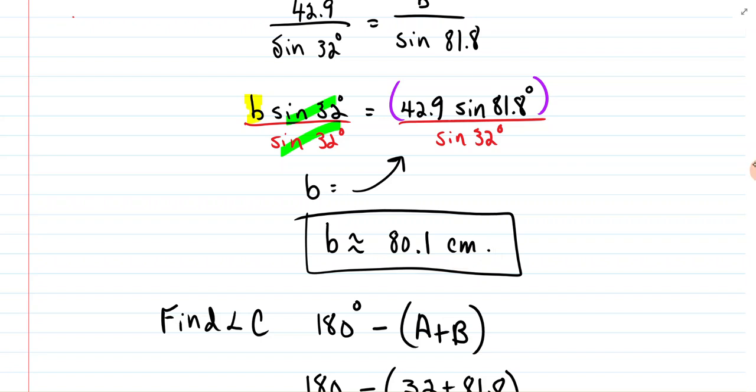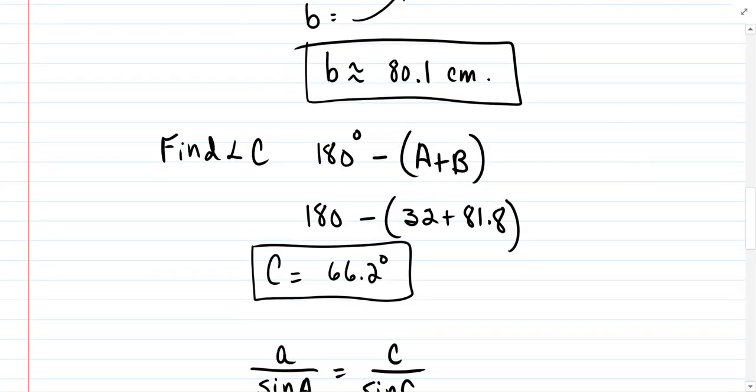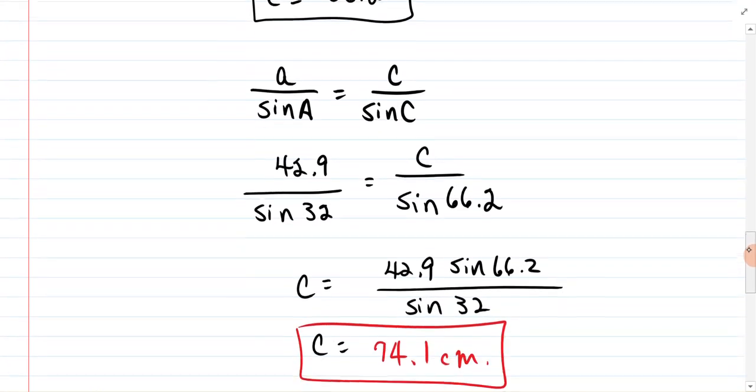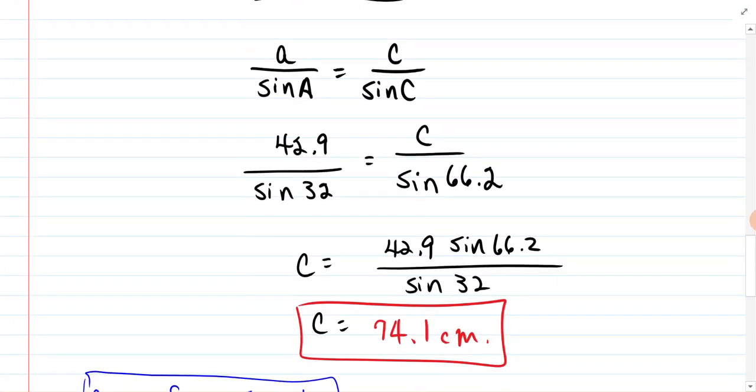To find angle C, if you know two of the angles, you can totally find the third one because it's 180 minus the sum of the two that you know. So 180 minus 32 plus 81.8 gives you 66.2. Then we can find side c by using the law of sines. a over sine A equals c over sine C. The one piece we don't know is the side c, and then we do it the same way.